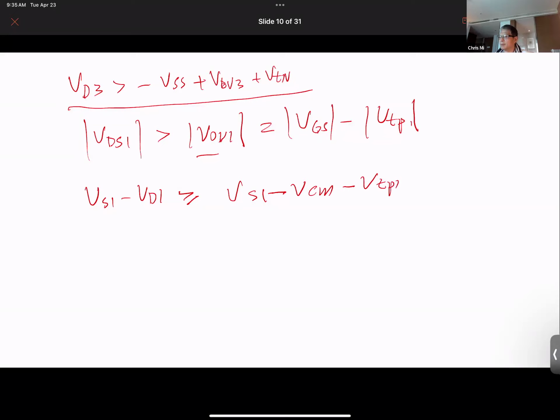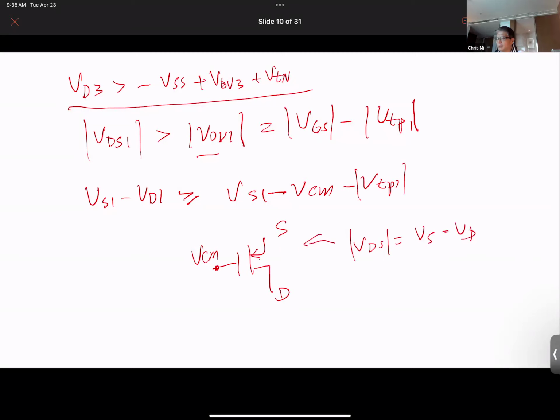Now the reason we can do this is because of this transistor. Let me redraw the transistor Q1. So Q1 is like this: this S, this D, this VCM. From this circuit, you can know that the absolute value of VDS equals VS minus VD.